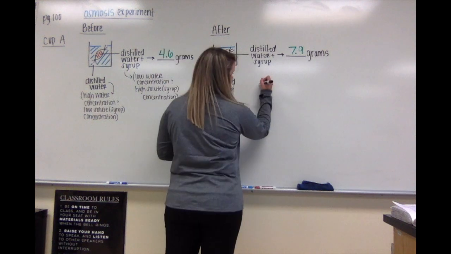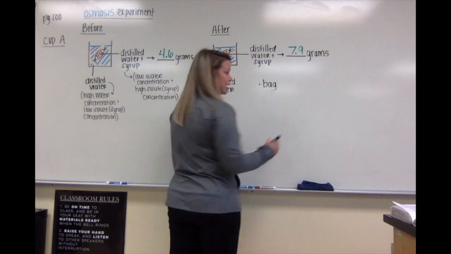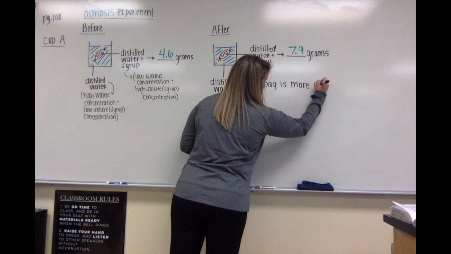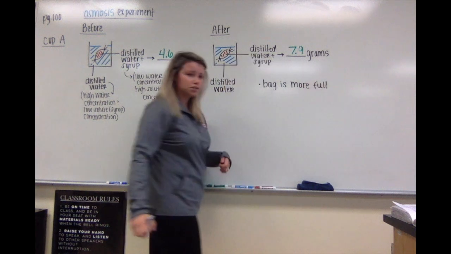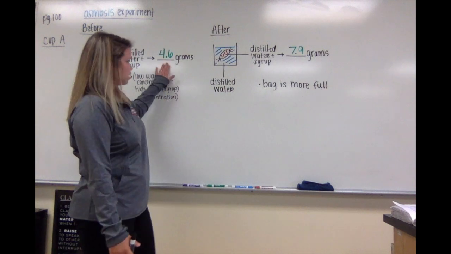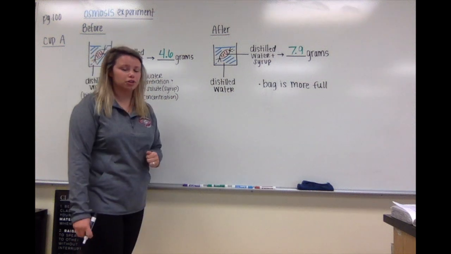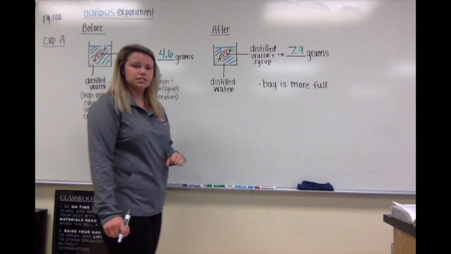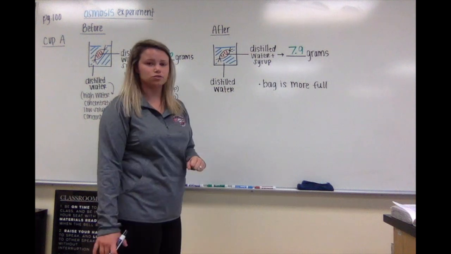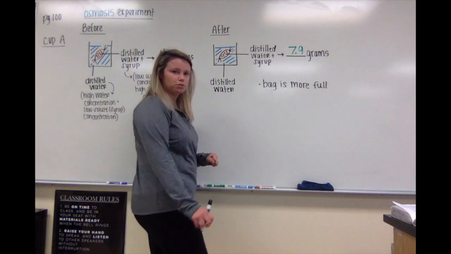So we can write that the bag is more full, which would make sense because our mass increased from the start to the finish. Something else that you might have noticed is that the color of the syrup water in the dialysis tubing bag is lighter than it was at the beginning of the experiment.